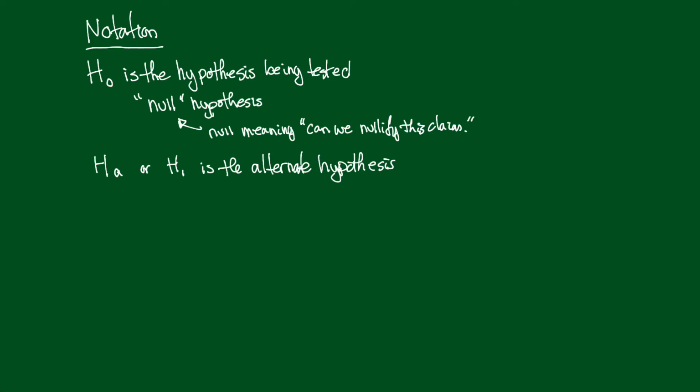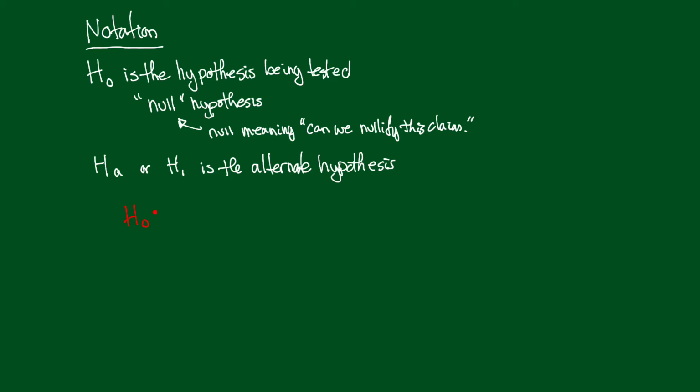So H naught, that's called the null hypothesis, and that's what we're testing. H sub A, or H1 if you like, H sub A for alternate hypothesis. So if we do reject the null hypothesis, we have to have an alternate to go to, and that's going to be this one. So in our example, we might write something like this.